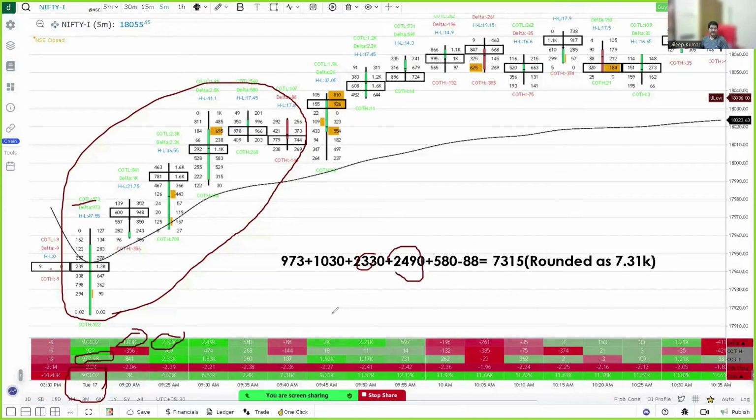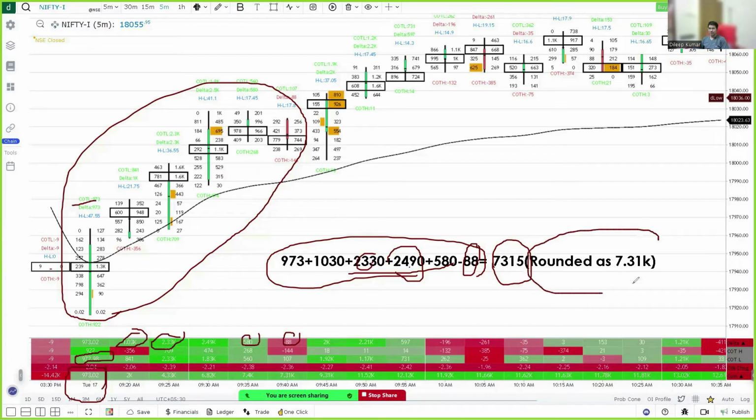And we also have a delta of 2490 here, 580. And here, a good number, some 88 sellers are there. So if we add all this and subtract this 88, since these are sellers, we get 7315, which has been rounded as 7.31K by the system.